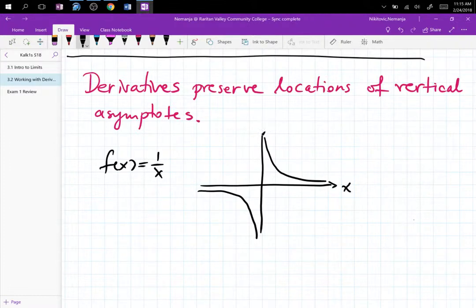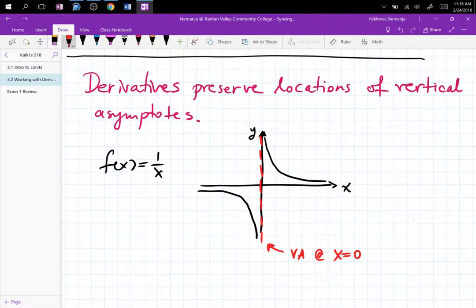So this is your standard 1 over x. It has the vertical asymptote at x equals 0.